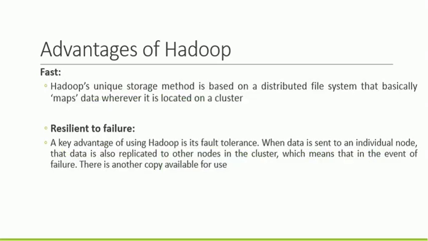As I talked about in the start, we use Hadoop because it provides fast retrieval of the data. So if data is retrieved fast, we can basically find out the data wherever it is located in the cluster or distributed file system. And the other key advantage of using Hadoop is that it is fault tolerant, as I told you in the start, which means that when data is stored at an individual node or sent to an individual node, the data is also replicated.